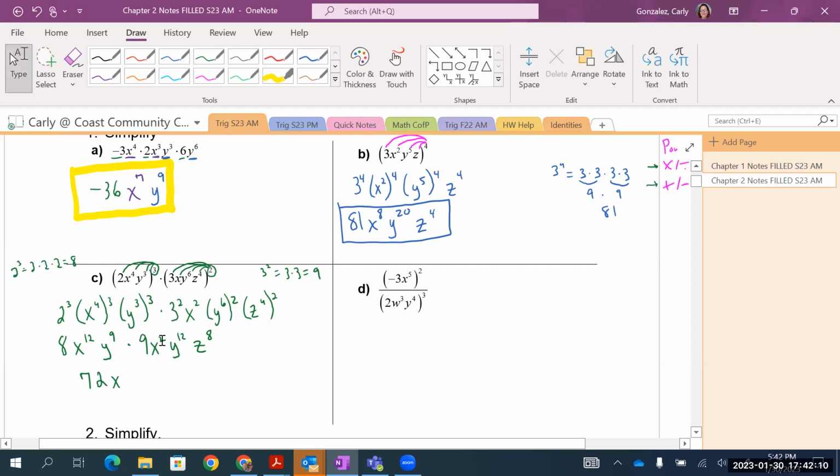So 12 plus 2 gives us that x to the 14th power. We have y to the 9th times y to the 12th. So our base is y, and our exponent is 9 plus 12, or 21. And last, we'll bring down that z to the 8th power. So our final answer is 72, x to the 14th, y to the 21st, z to the 8th.